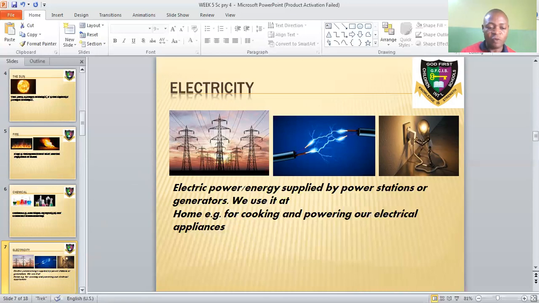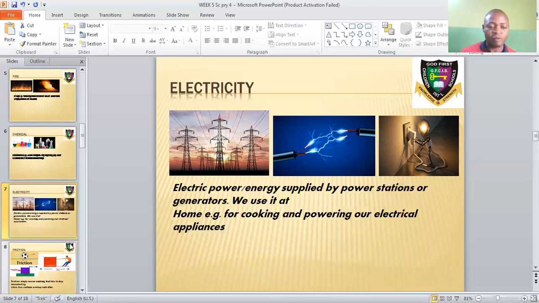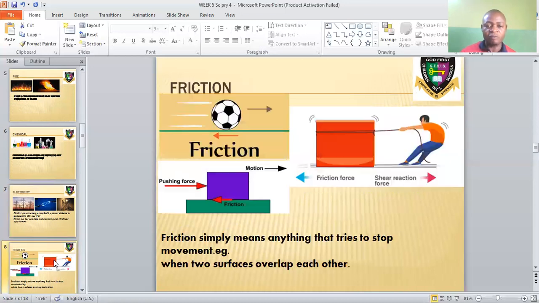Now let's move forward to see another one. That is friction. What is friction? Friction simply means anything that tries to stop movement, especially when two surfaces glide over each other.